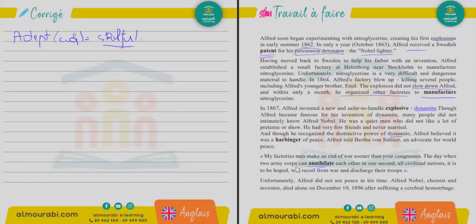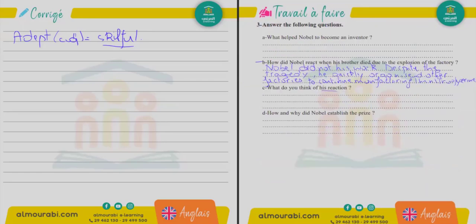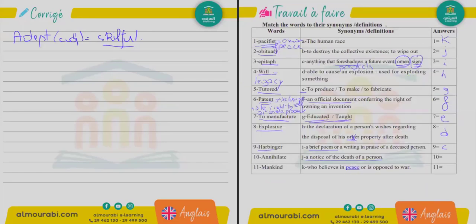And the word here in context, annihilate: the day when the two army corps can annihilate each other, having these deadly weapons. So the day when the two try to annihilate each other, then there is a balance of power, so they will simply destroy that idea of killing each other. So what is to annihilate?